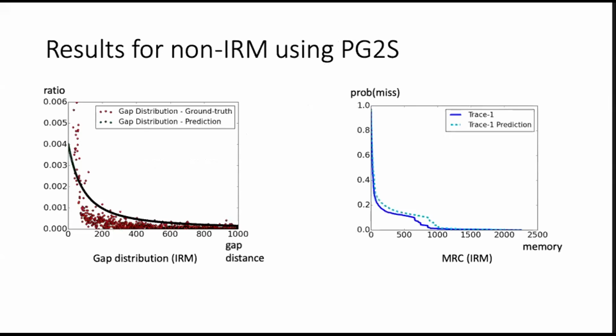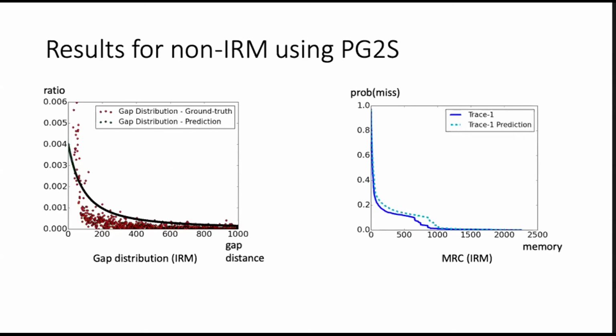So instead, we try to learn the discrepancies and make predictions based on the discrepancies we learned in the past. Now, if we revisit these non-IRM predictions using PG2S, we find that the gap distribution seems to have some correlation with MRCs.